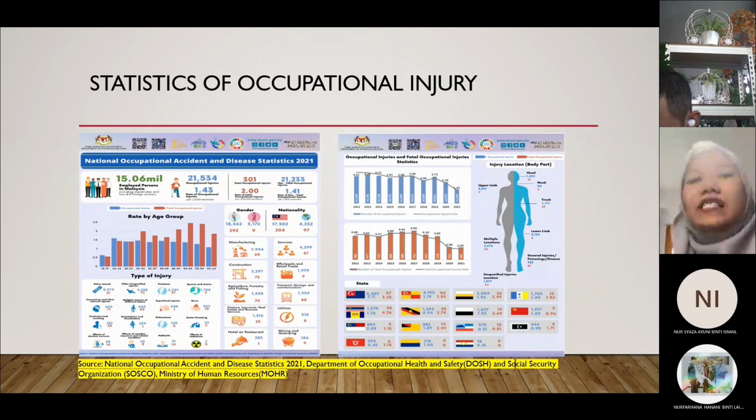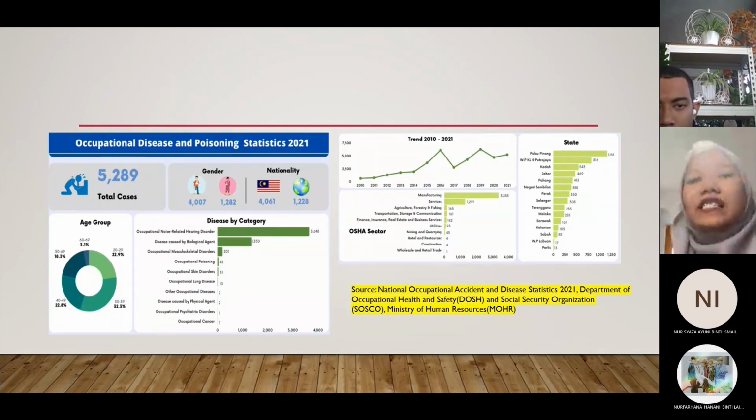Okay, next slide. For the next slide, the occupational disease and poisoning statistic of 2021 shows that the total cases is 5,289 cases, with the major cases coming from male workers with 4,000, and the rest from female workers. The majority age group having this disease is around the age of 30, and the second is workers around the age of 20.